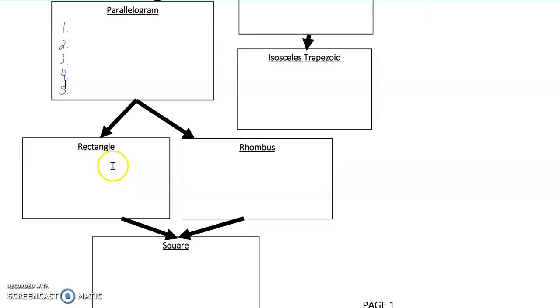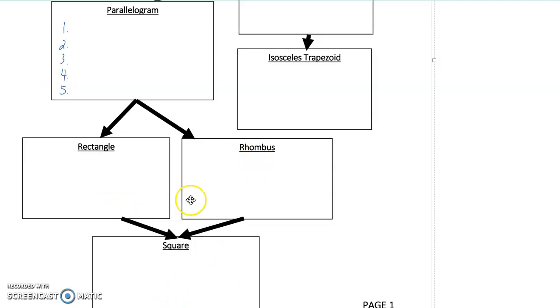Now, if I turned around and said, describe a rectangle to me, is your best description that opposite sides are parallel? No, it's not the best description, because just like telling me I have a dog is not a good description, telling me I have a parallelogram is not a great description of what type of parallelogram shape you have.